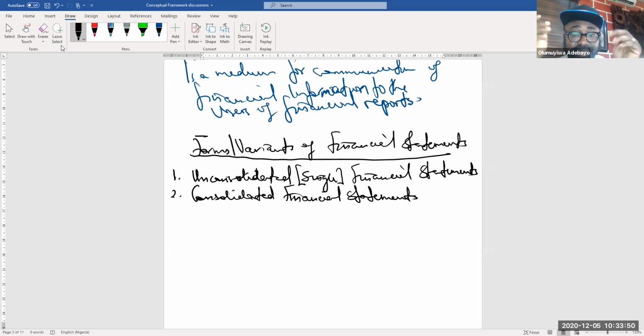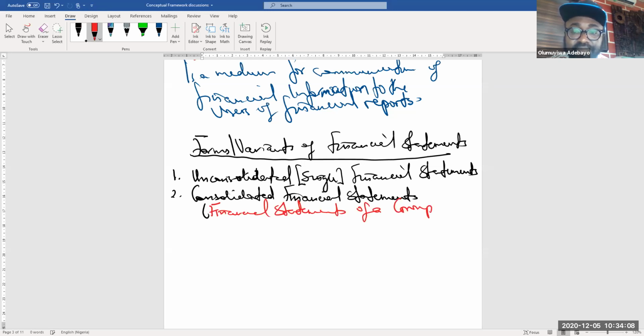Consolidated financial statements are financial statements of a group. What does that mean? Later on, which is the next topic we'll be moving to, a very long topic for that matter, is group accounts.